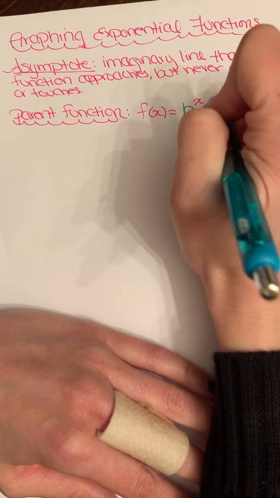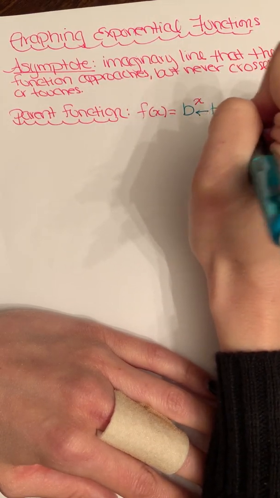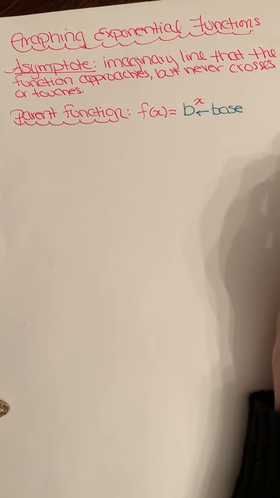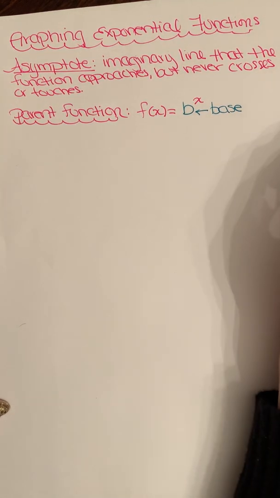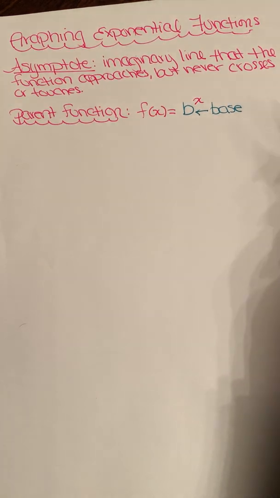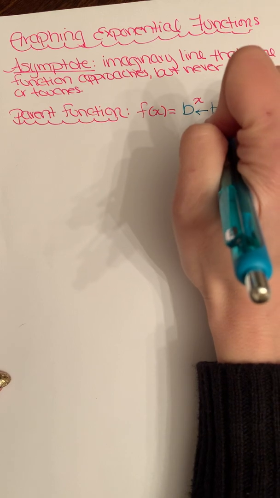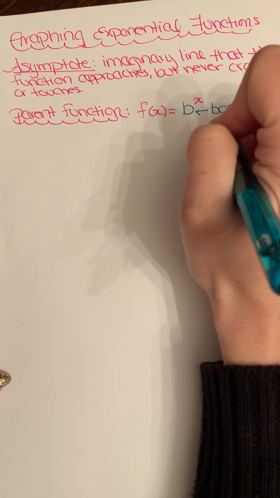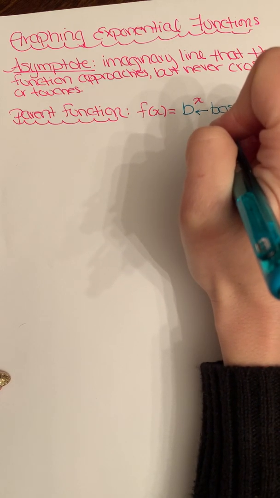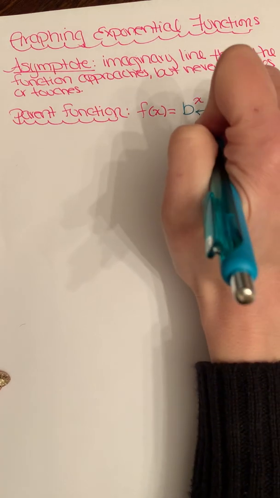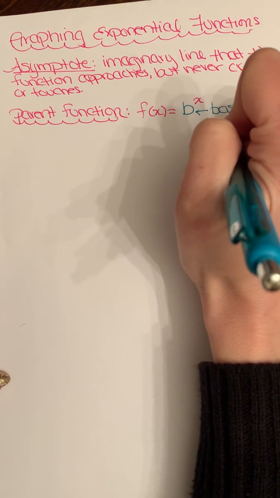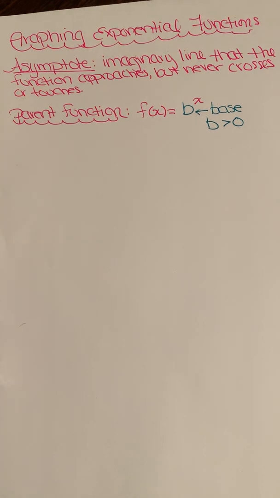The b represents the base. Bases for exponential functions can be decimals, fractions, or whole numbers. They just can't be 0 or negative either. So b has to be greater than 0. We can't have a negative base.